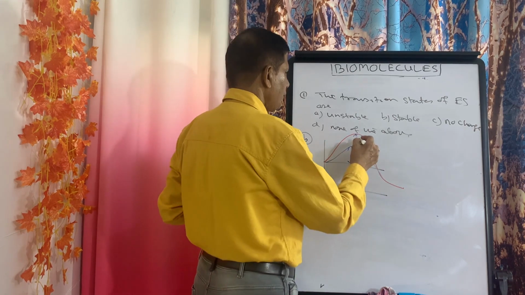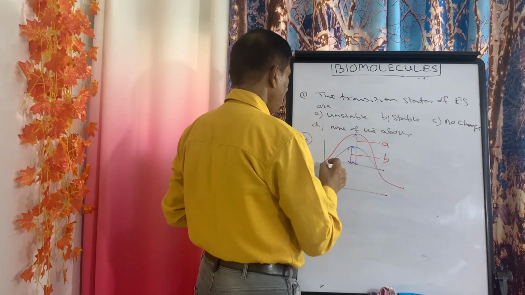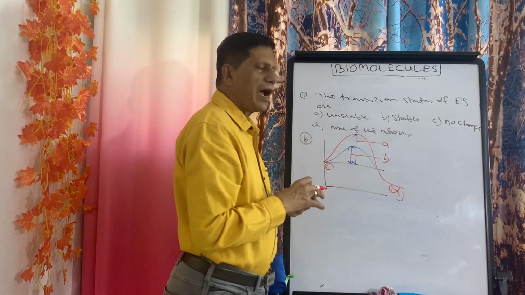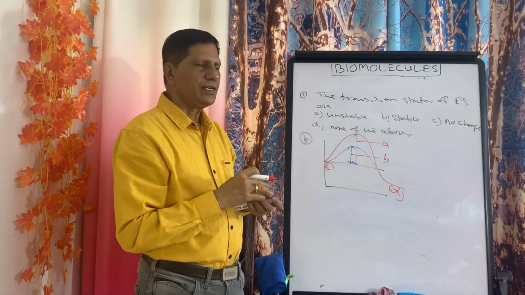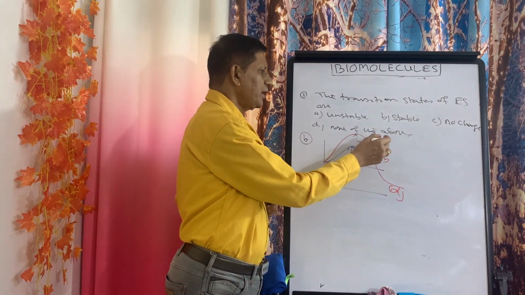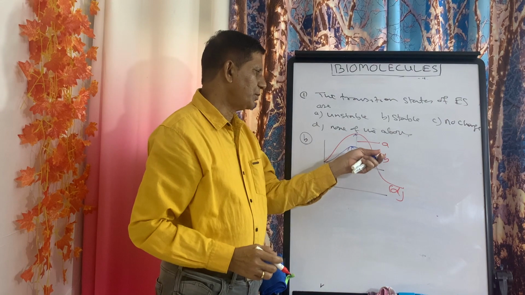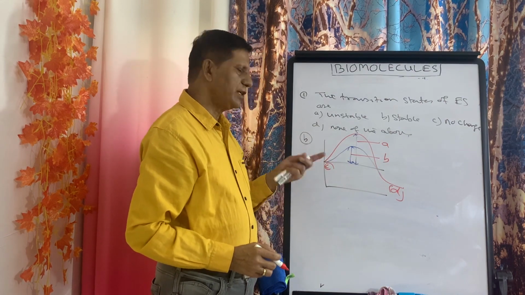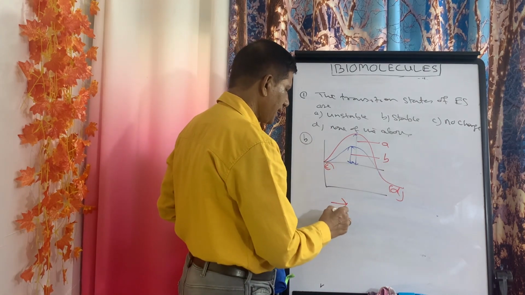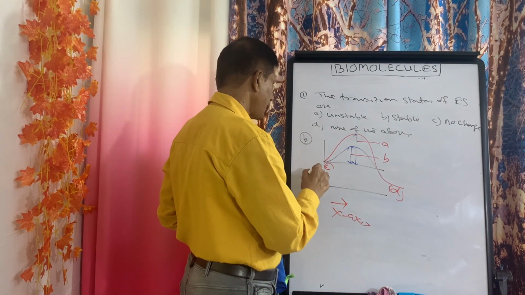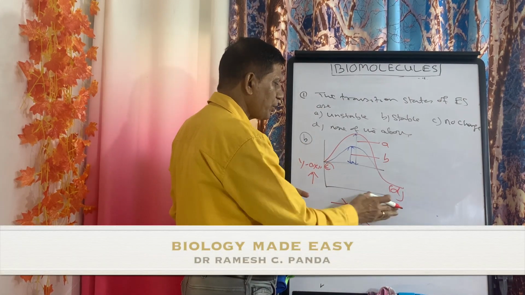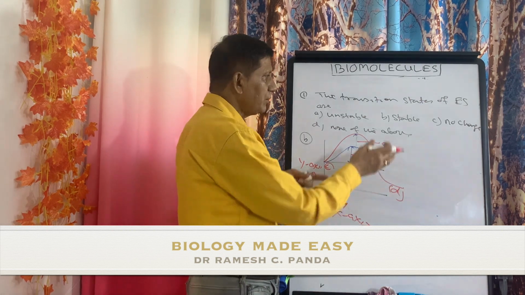Suppose this is A, this is B, and here it will be written C, here it will be written D, and you will be asked what is A, what is B, what is C, what is D. So from the graph you see this is the activation energy without enzyme, this is the activation energy with enzyme, C is the substrate, D is the product. Again you can be asked what is on the x-axis and what is on the y-axis. So on the y-axis there is the potential energy, and on the x-axis there is the progression of the reaction that we have drawn in the graph.